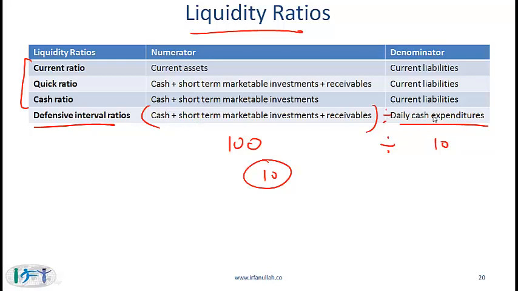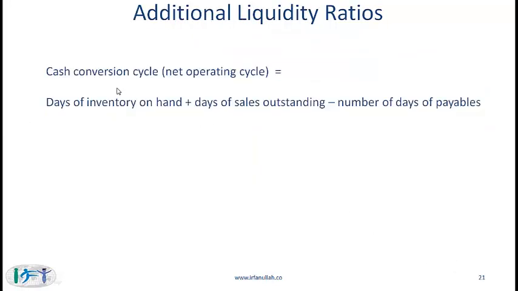Now, some interpretation and judgment can come in. If you believe that receivables are not very liquid, then it might make sense to remove your receivables number when coming up with the defensive interval ratio. We can also evaluate the liquidity of a company by looking at the cash conversion cycle, which is also called the net operating cycle.